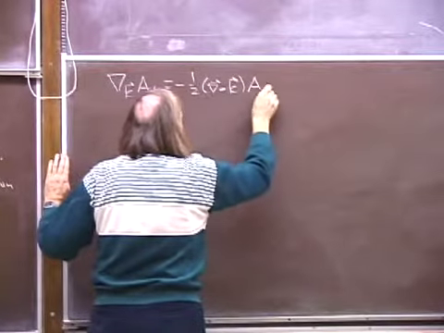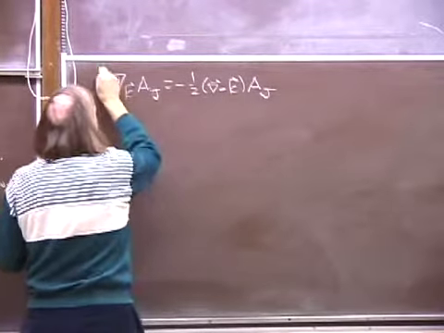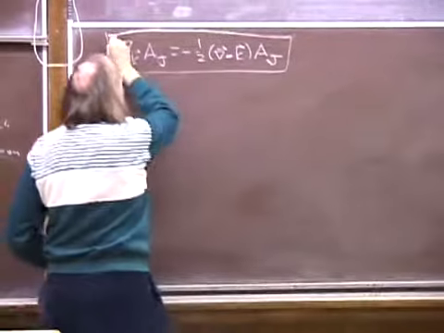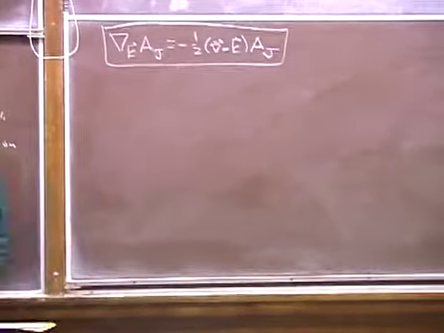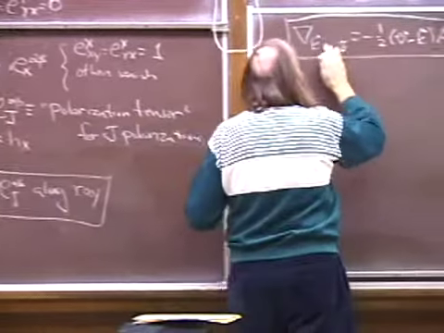And similarly for H cross, so let me write it HJ, where J can be plus or cross. So that's the propagation law for the gravitational wave. This should not be A's, these should be H's. I'm sorry.